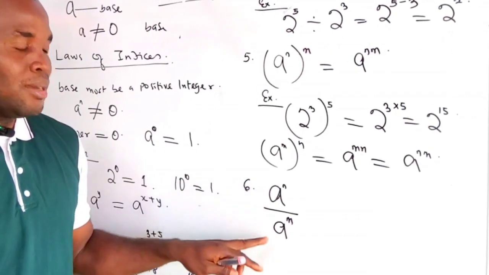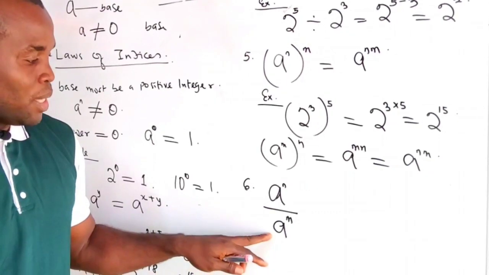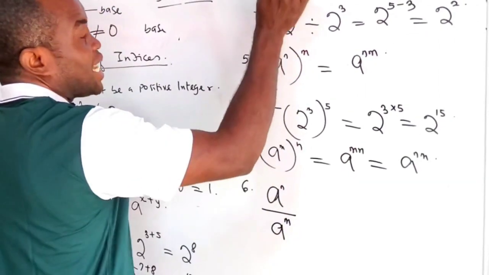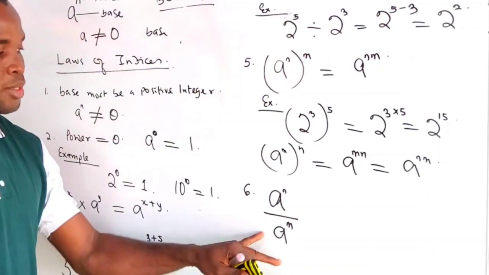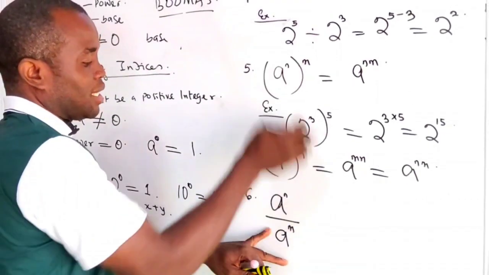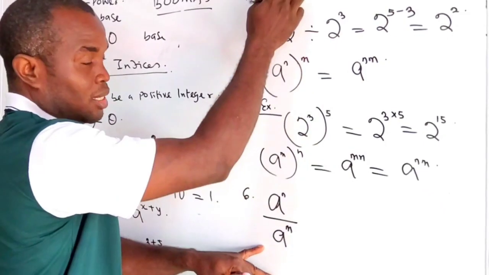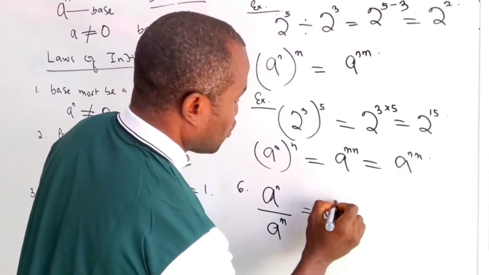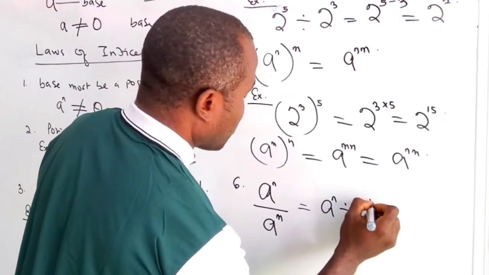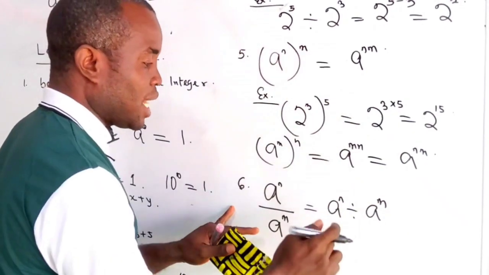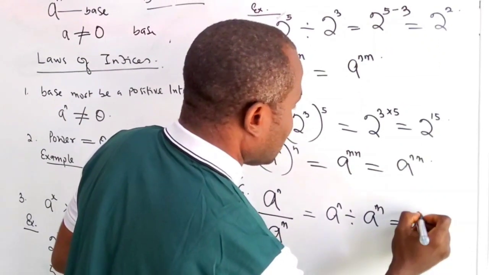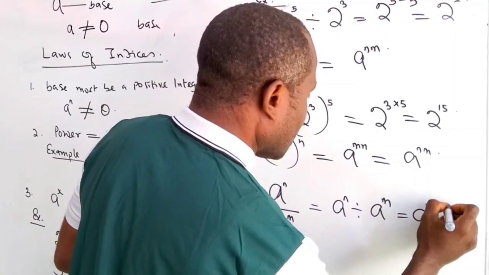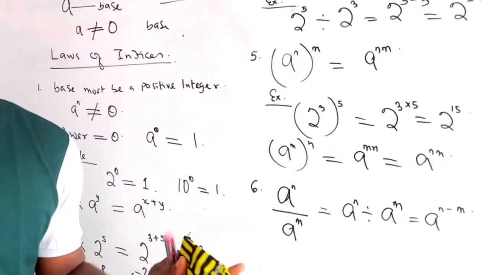You can see this is division, so if you translate this, it is a raised to power n divided by a raised to power m. So what do you have? You have a raised to power n minus m. So please take note of that.